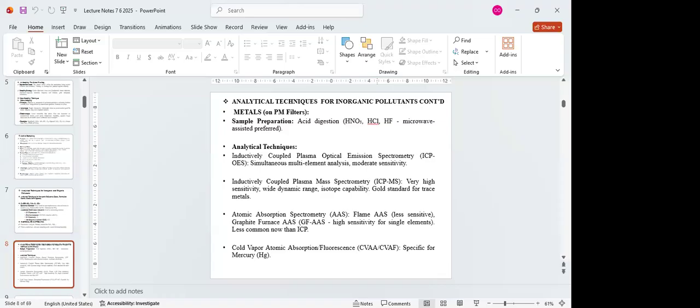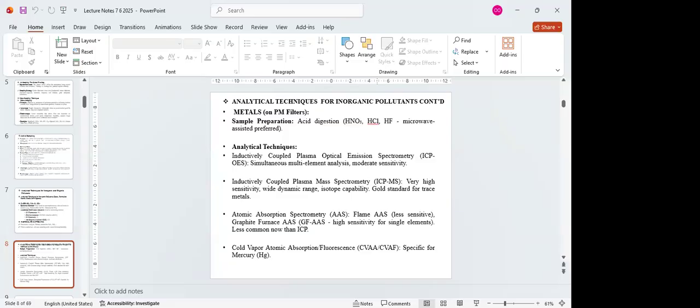However, because of its high costs due to its sophistication, it is less commonly used now compared to the ICP. ICP is cheaper and faster and gives you the same result, if not better results.